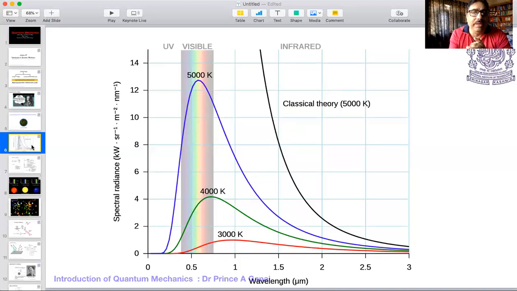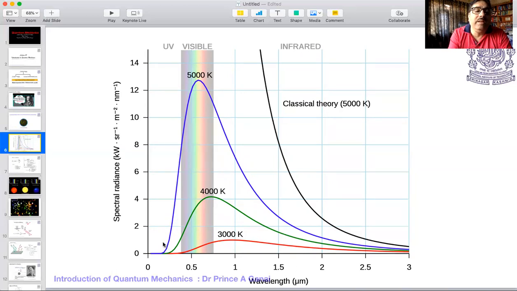You can take any body, say a piece of iron, and heat it, and it starts emitting radiation. That radiation is analyzed by spectrometry. We take the spectrum of that radiation, and for each wavelength there will be an intensity, and intensity versus wavelength can be plotted.